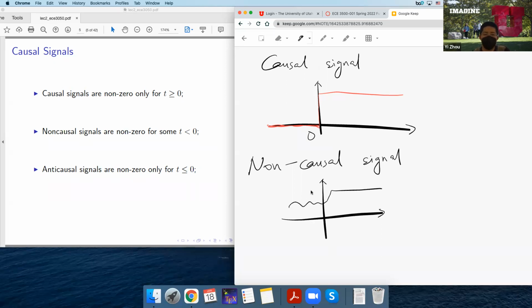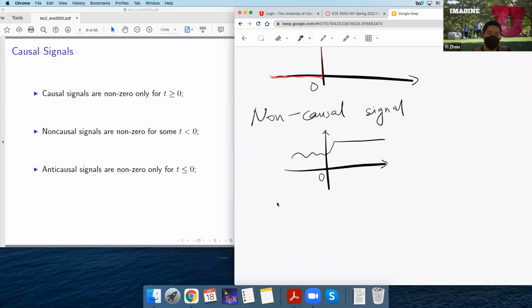Right. So there exists some non-zero signal when t is less than 0. So this is non-causal. Anti-causal is the opposite of being causal. So anti-causal basically means the signal can only exist in the negative part. So these are just the definitions.